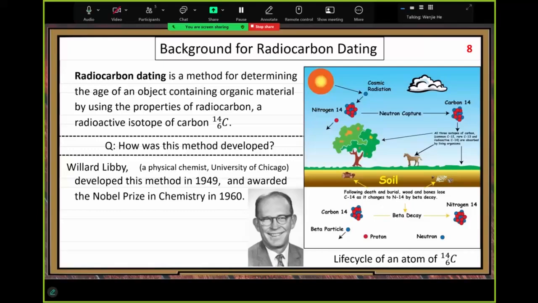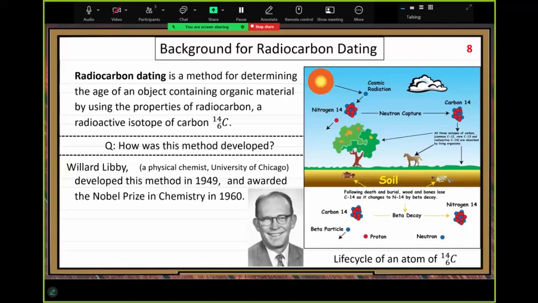The amount of carbon 14 is reduced over a long period of time. Then people can measure the percentage of carbon 14 in the body.